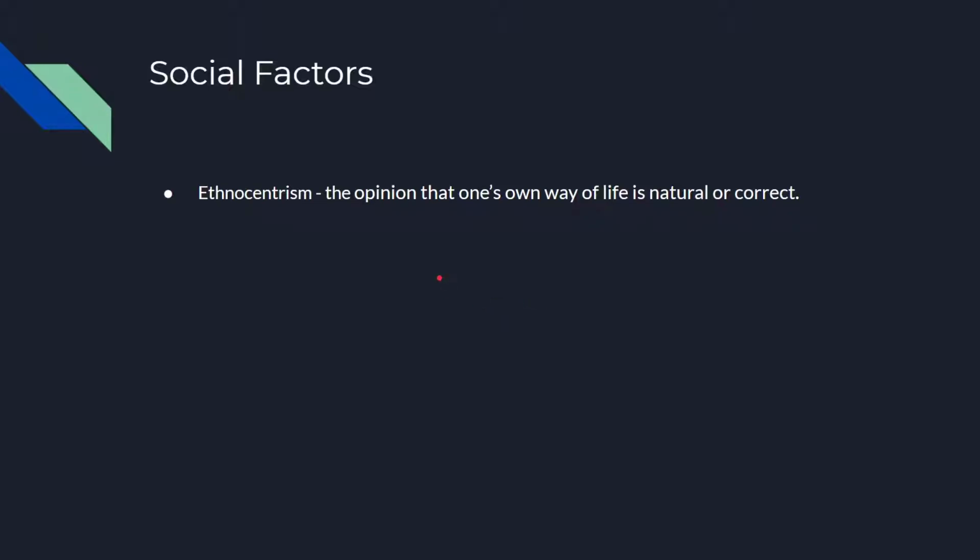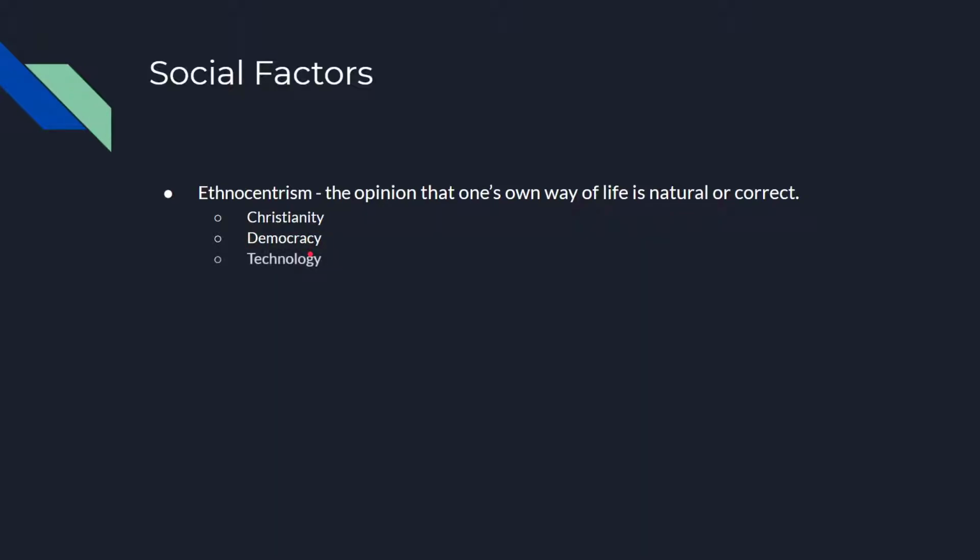Ethnocentrism is the opinion that one's own way of life is natural or correct. This can include different factors such as your religion. They predominantly practiced Christianity, and so they believed that Christianity is natural and correct. They also had politics such as democracy. They believed that their democratic system of government was more correct than others.